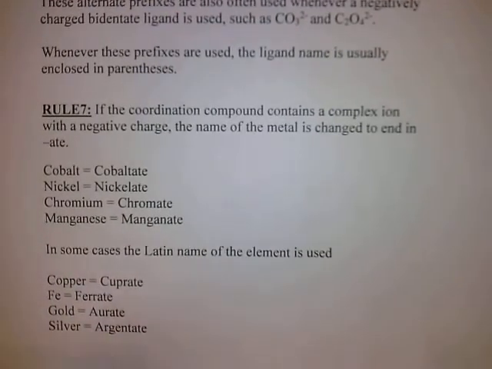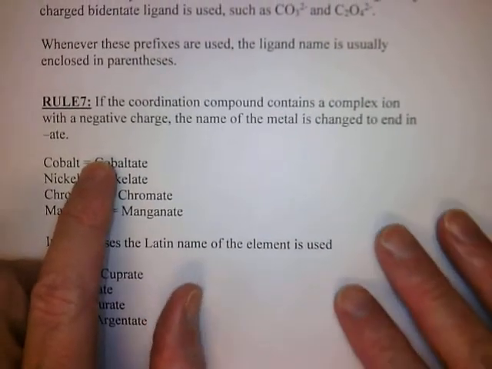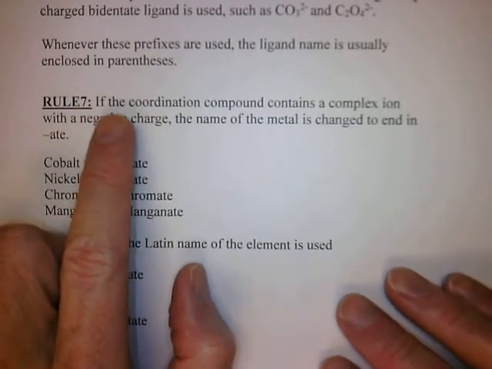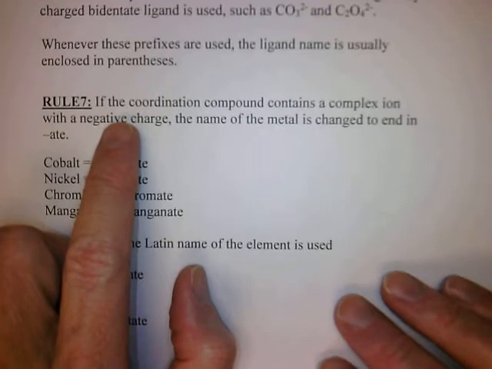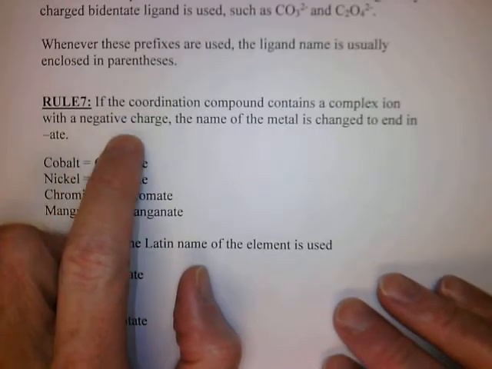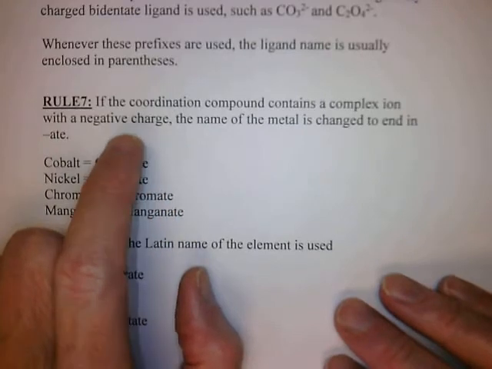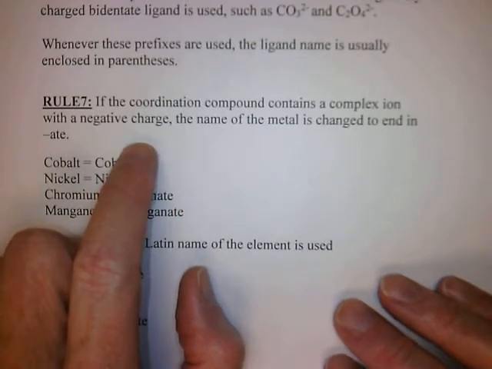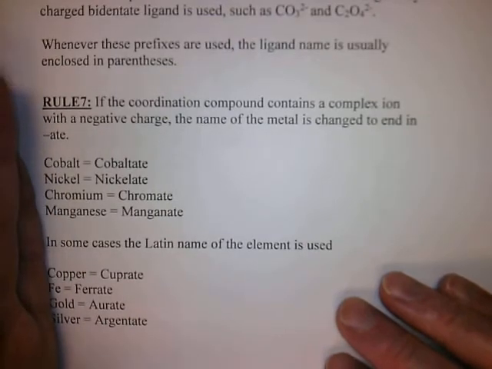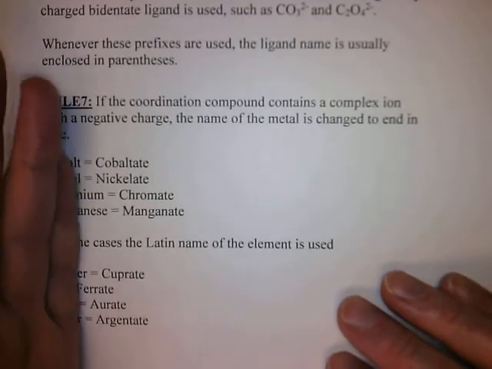Now, there's another rule. If the coordination compound contains a complex ion with a negative charge, then the name of the metal is changed so that it ends in ate. In other words, if we have a negatively charged complex ion, then we have to change the name of the metal.